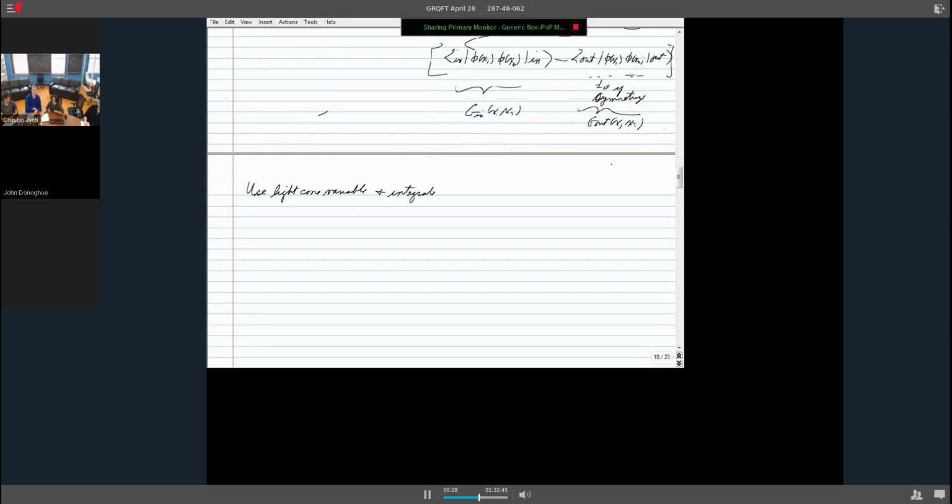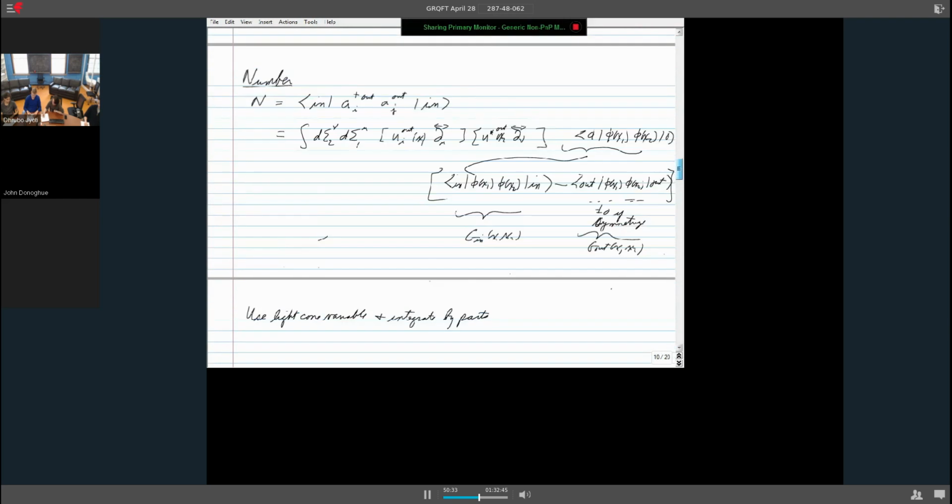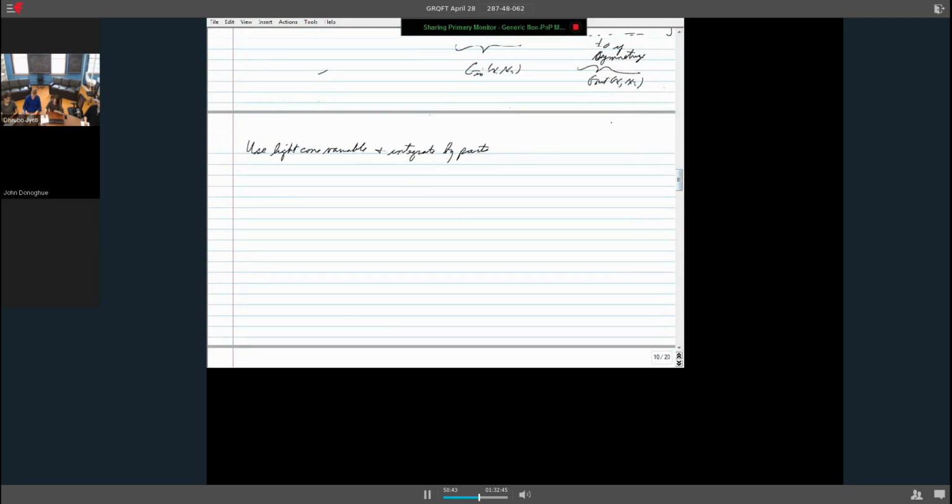Okay, so this is not equal to 0 if I'm going to symmetrize the Green's functions in just a second. Okay, so everyone comfortable with that start?